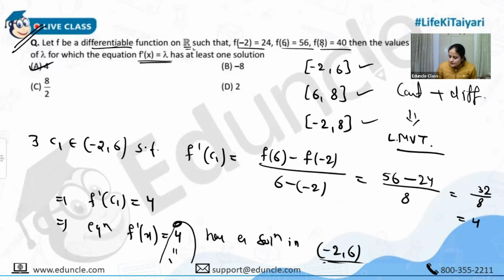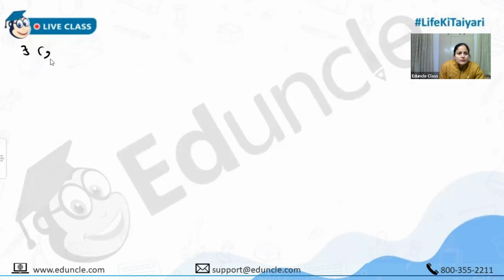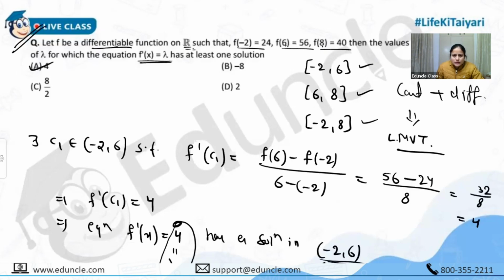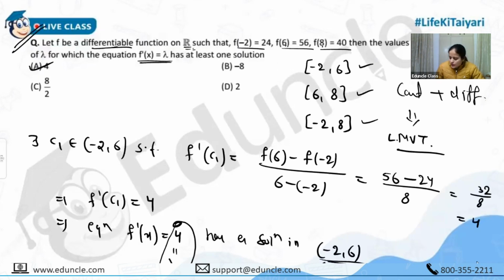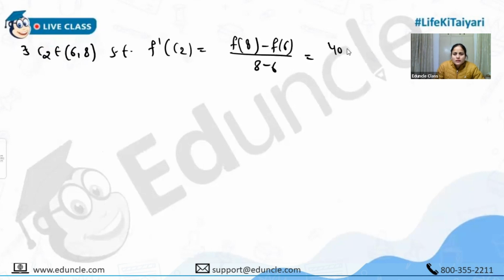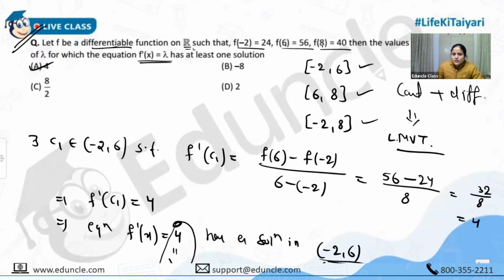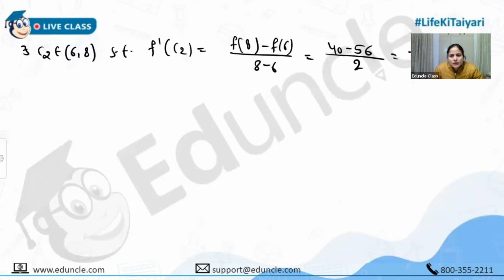Next, there exists a point C2 between 6 and 8, the next interval, such that f dash at C2 is equal to f at 8 minus f at 6 upon 8 minus 6. f at 8 is 40, so 40 minus 56 upon 2, which is minus 16 upon 2, that is minus 8.